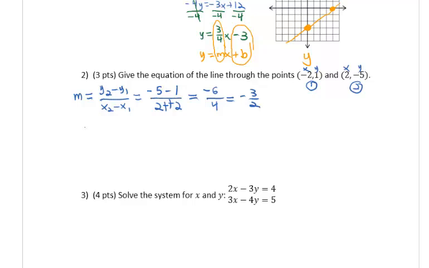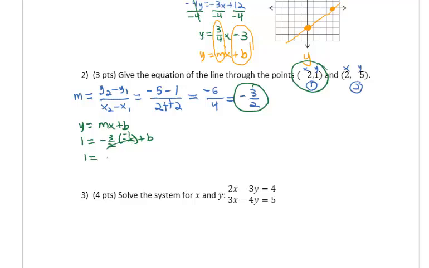To find our y-intercept, we think about y equals mx plus b. We'll use the slope we just found and either one of the 2 points. I'm just going to use the first point. So y is 1, m is negative 3/2, x is negative 2, plus b. Reducing negative 2 over 2 is negative 1.